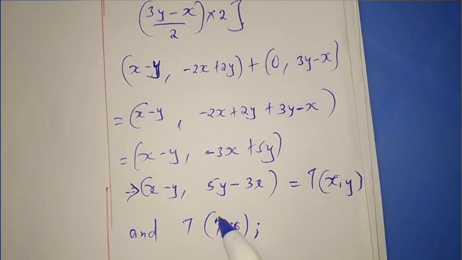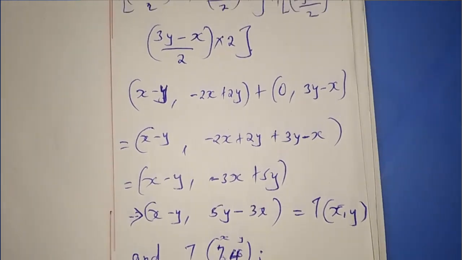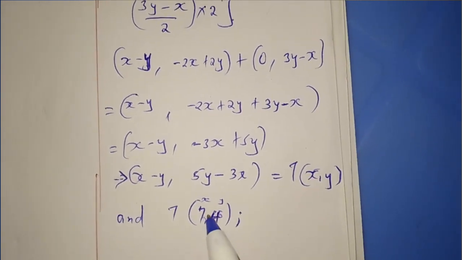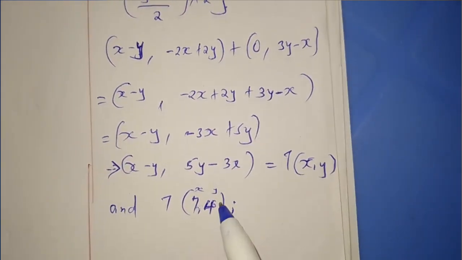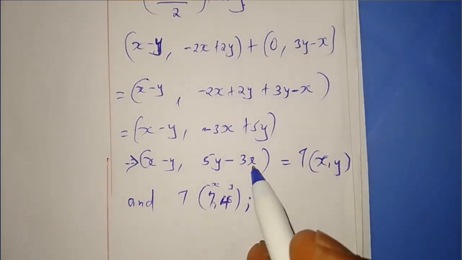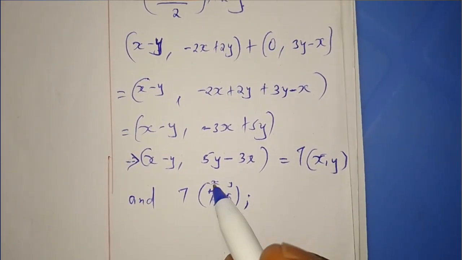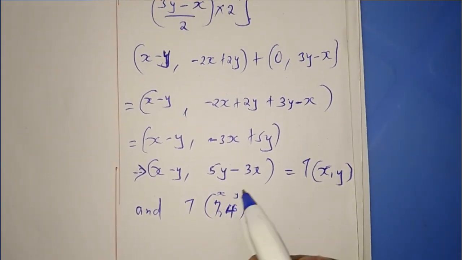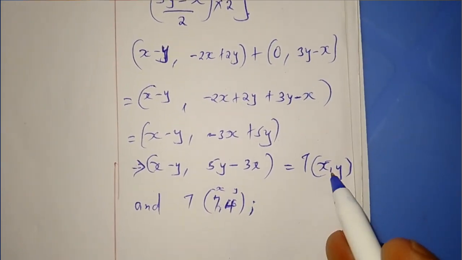Where there is x in T(x, y), we put 7, and where there is y, we substitute with 4.